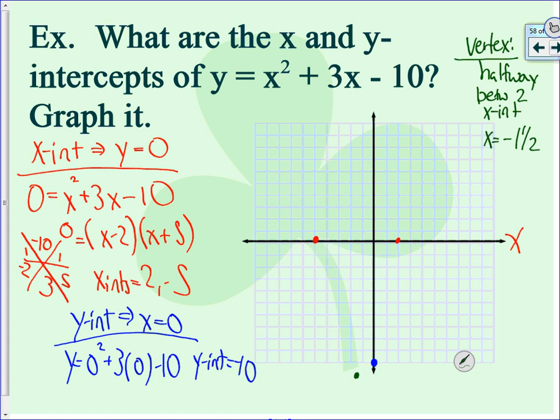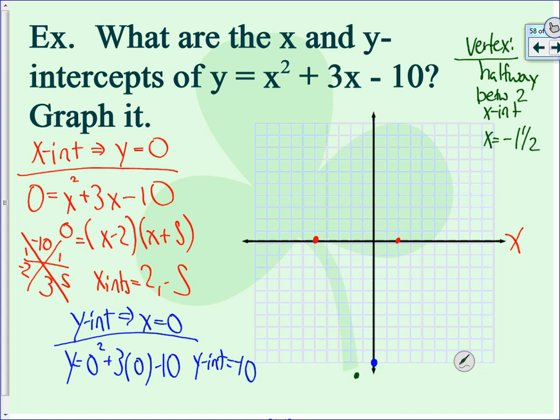So what I'd like you to do is plug negative 1.5, in other words, negative 1 1/2, into the equation to find the y value. Do you remember what we did yesterday for the homework? We had to plug in x values and find the y. You're going to do that. This is the equation, and you're going to plug in negative 1 1/2 for x.